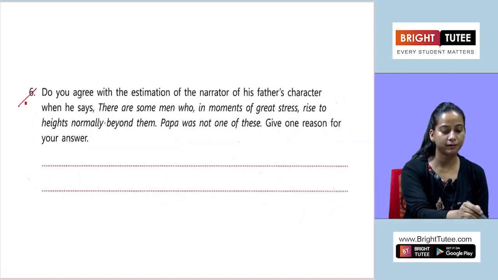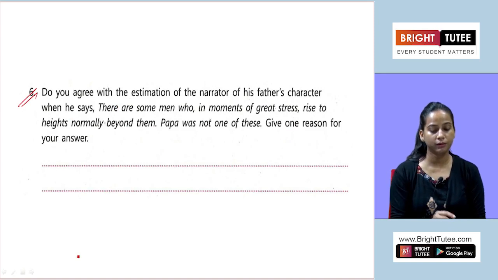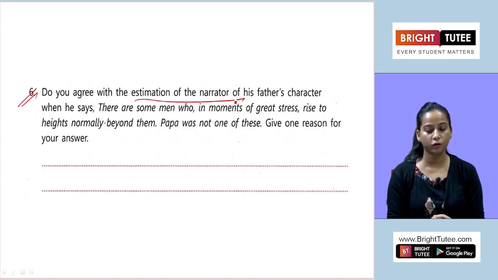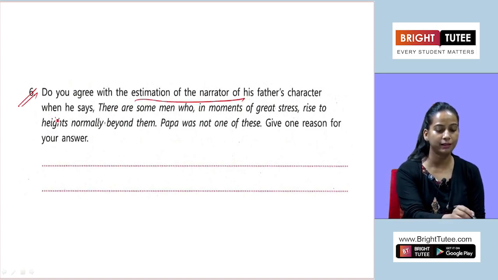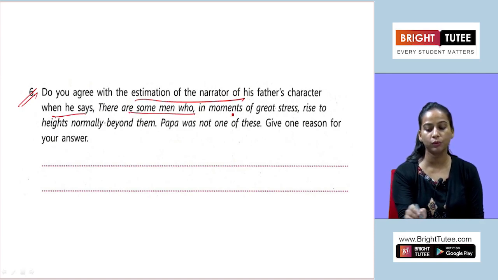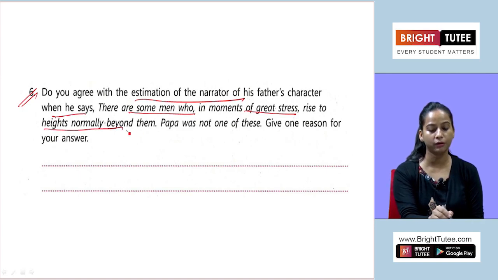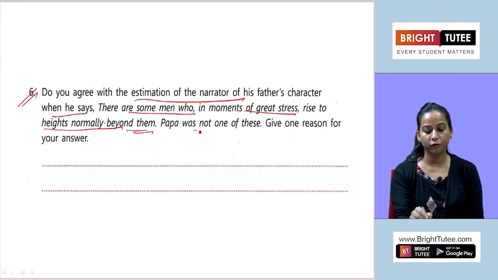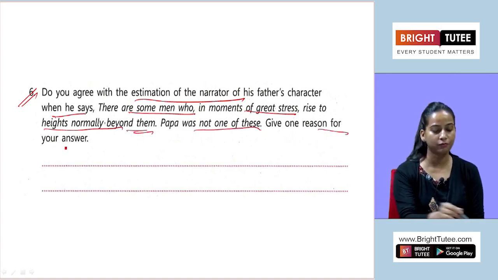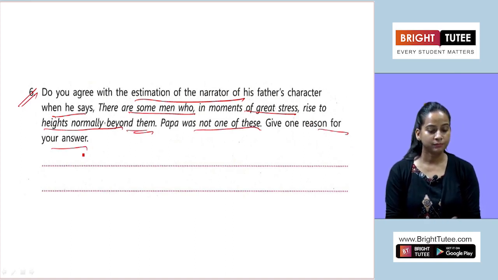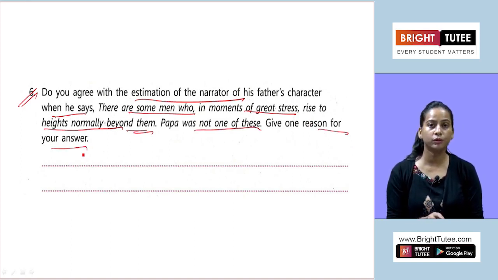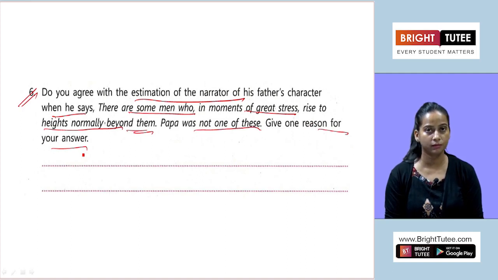Now the question number 6, they have asked, do you agree with the estimation of the narrator of his father's character when he says there are some men who in moments of great stress rise to heights normally beyond them? Papa was not one of these. Give one reason for your answer. So here they have asked you whether you think the narrator's perception of his father was true.